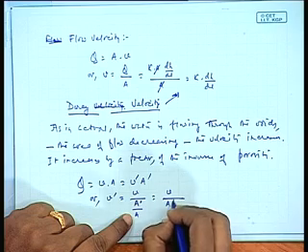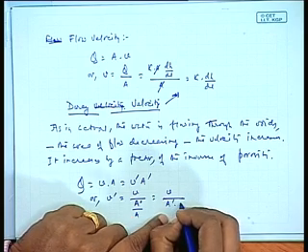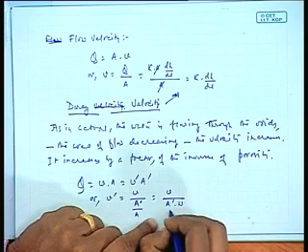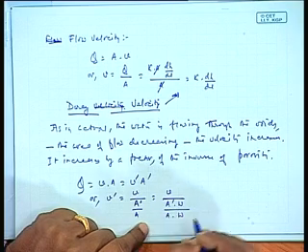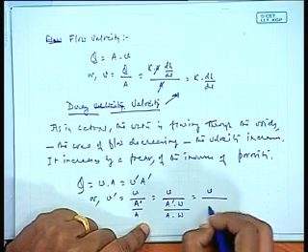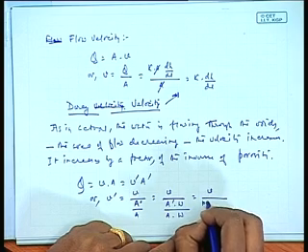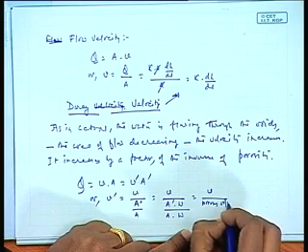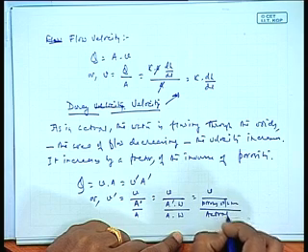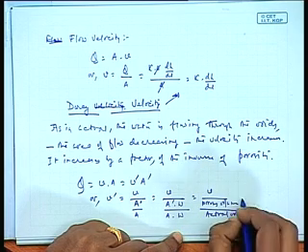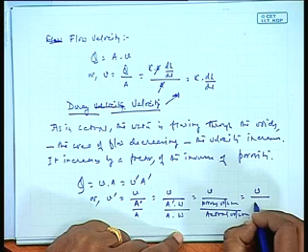So here we can write it like this, the W without change. This is nothing but the porous volume divided by the actual volume, and this is known as porosity.